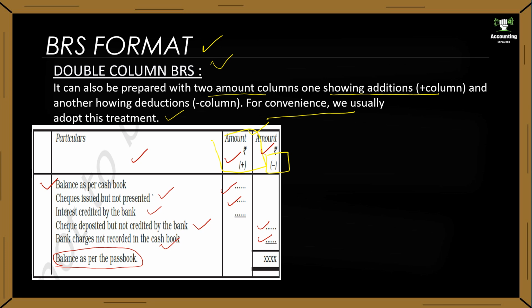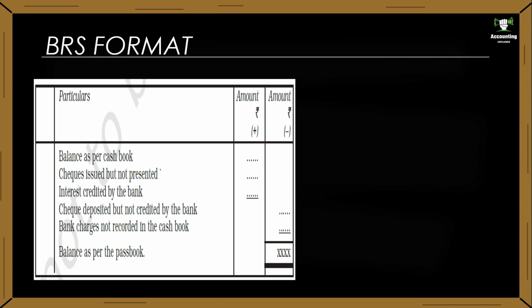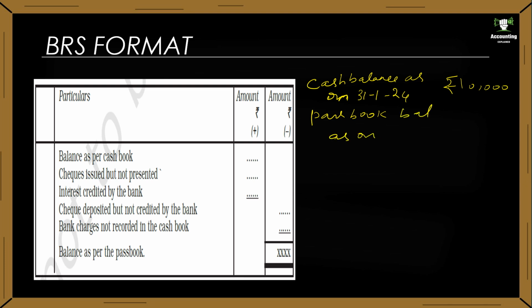Okay, I am going to explain this with an example. Let's see how to do it. Let us assume the cash book balance of some business as on 31st January 2024 is 10,000 rupees, and the passbook balance as on the same date, 31st January 2024, is 9,400 rupees.